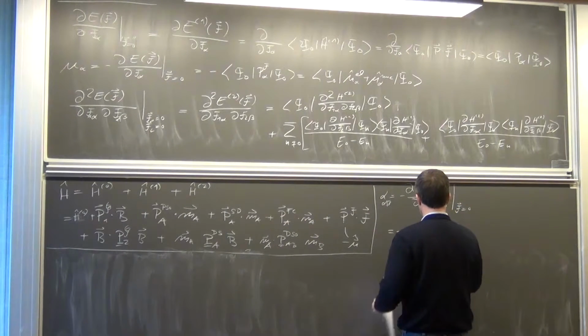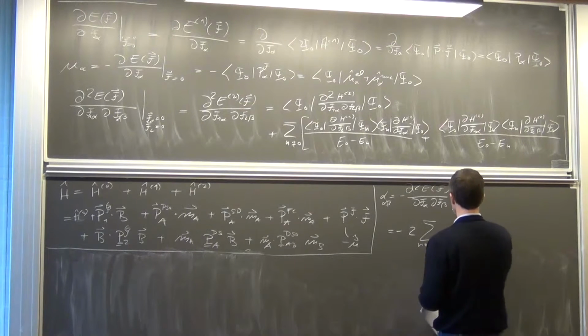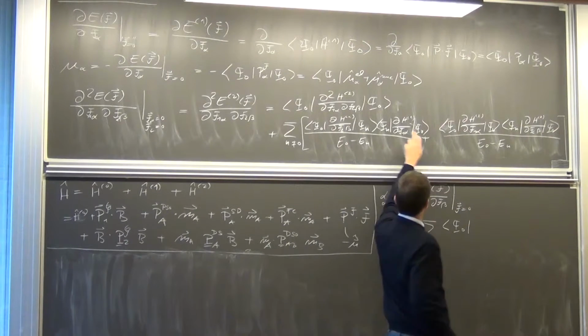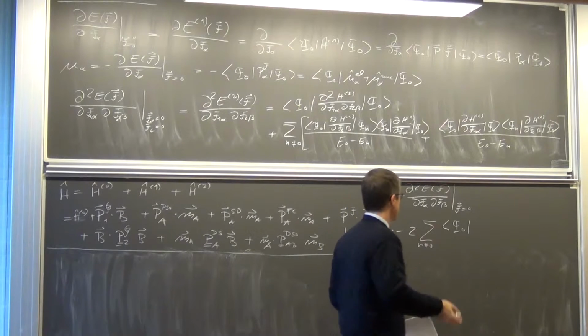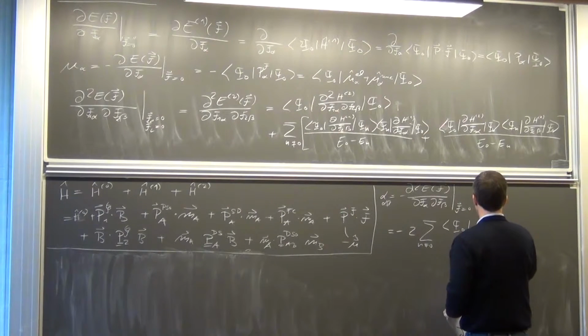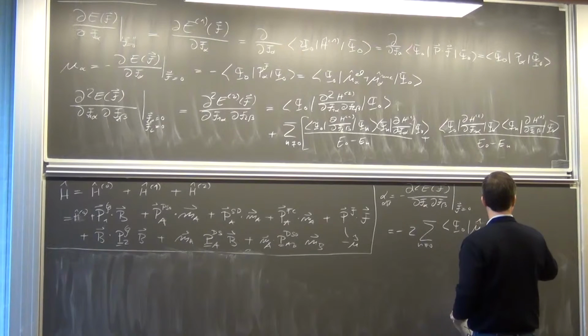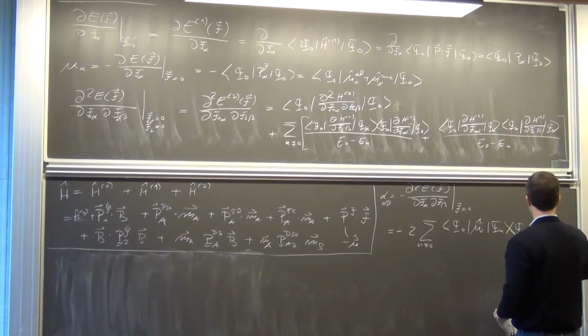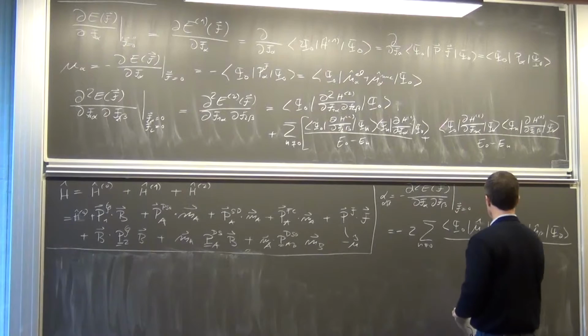Sum over n not equal to 0, and then I get psi 0, and now minus 1 here, minus 1 there, gives me a plus, so I just get the dipole moment operator, the alpha component, psi n, the beta component of the operator, psi 0, divided by the energy difference.